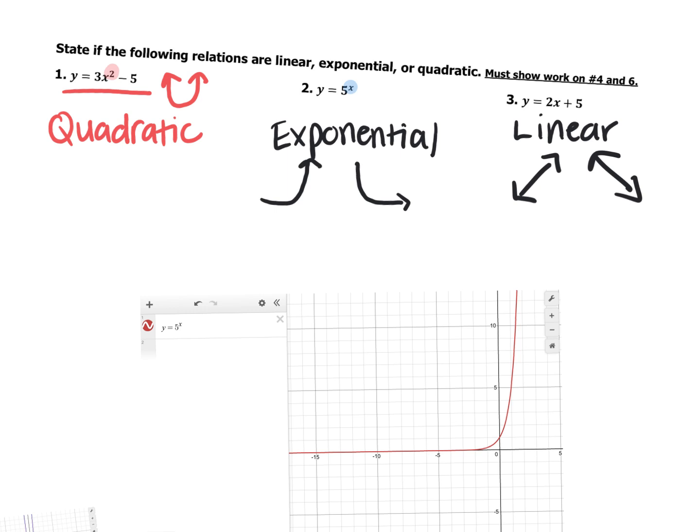Any linear function, this x really has an exponent of a 1. That's what makes it linear, because that x has an exponent of a 1. That's also in the form y equals mx plus b, which we know is a linear equation.